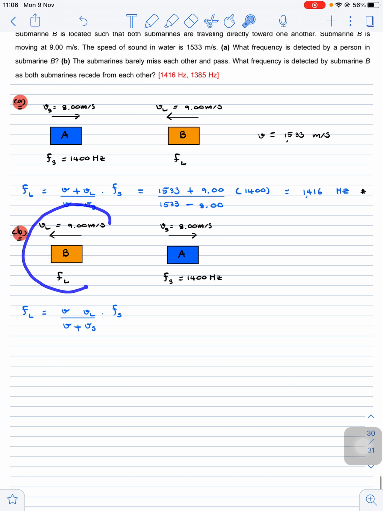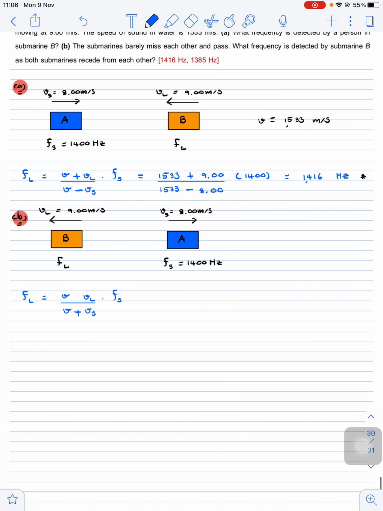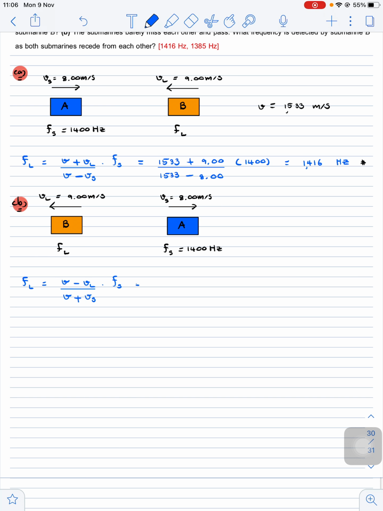Now the listener is moving away from the source as well, so the frequency that we hear should be lower than the frequency of the source. So we need to pick the negative sign, because this is the numerator; if the numerator decreases, FL should decrease. Then we just plug in the numbers.